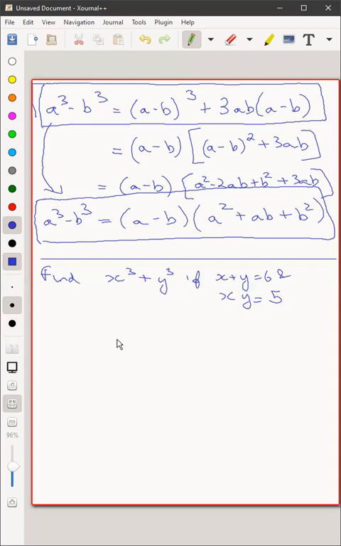This is a very interesting chapter, provided you know your identities. Otherwise, it's going to be very, very difficult to solve. You can't memorize the workings of this chapter. You can only memorize the identity. That's it.